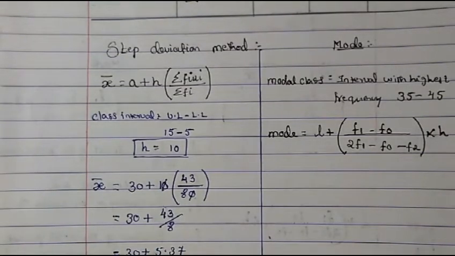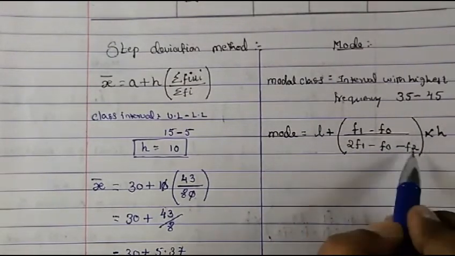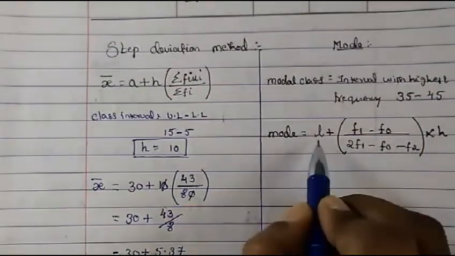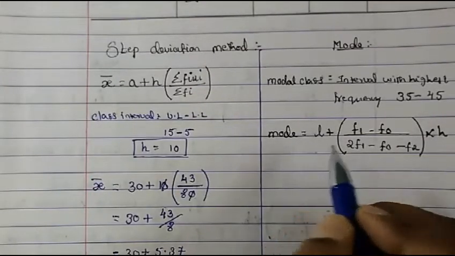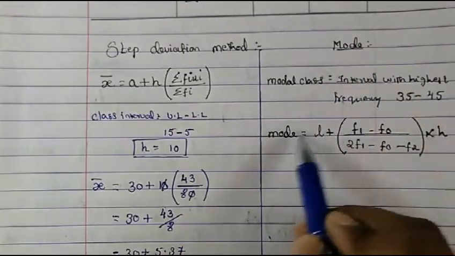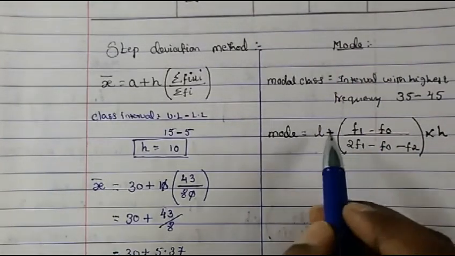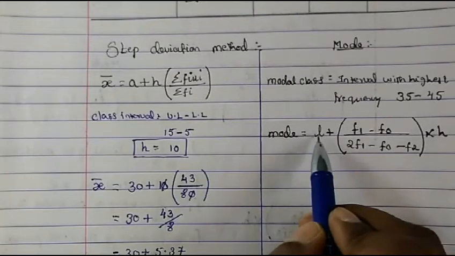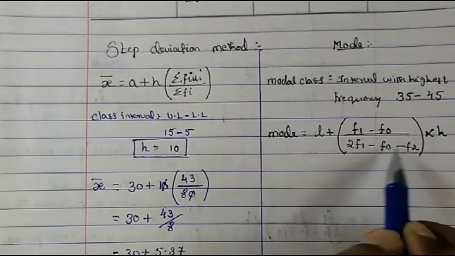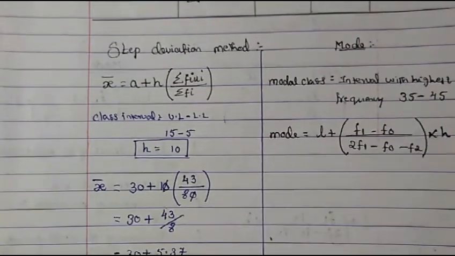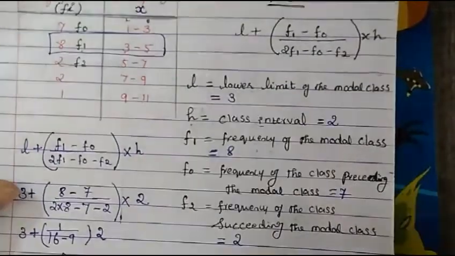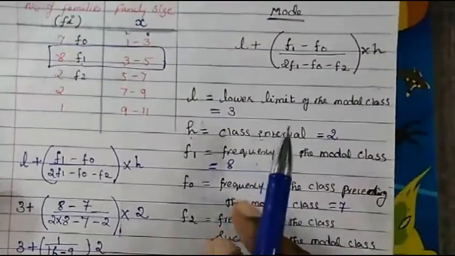Now all that we have to do, we have to just put the value. We know F1, we know F0, we know F2, we know H, and we know L. L means lower limit. By the way, whenever you find the mode, when you write this formula, you have to give the explanation of all this. All this you have to first write down because you have marks for that. When I taught you the introduction, I have showed you here.